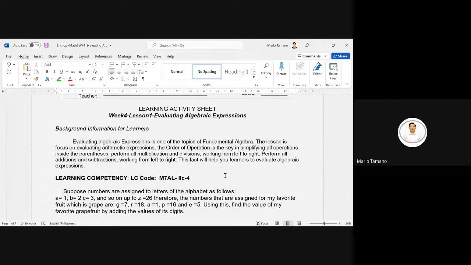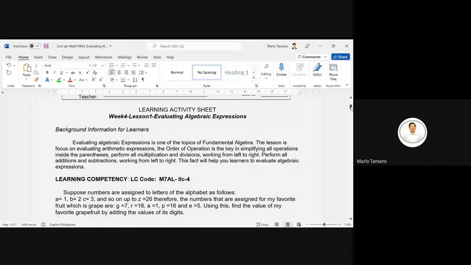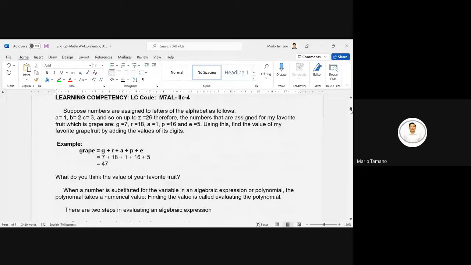Perform all multiplication and divisions, working from left to right. Perform all addition and subtractions, working from left to right. This fact will help you learners to evaluate algebraic expression. So let's start with this.